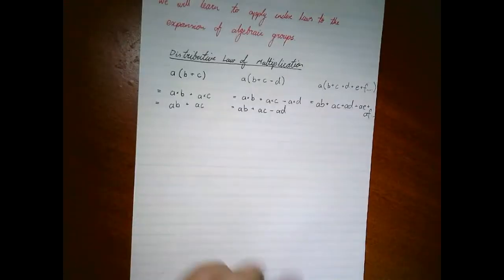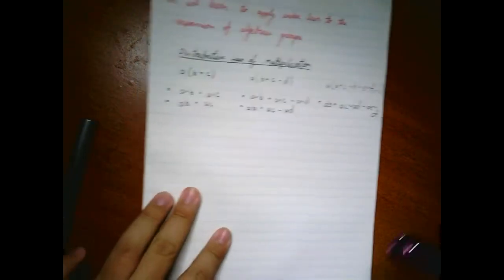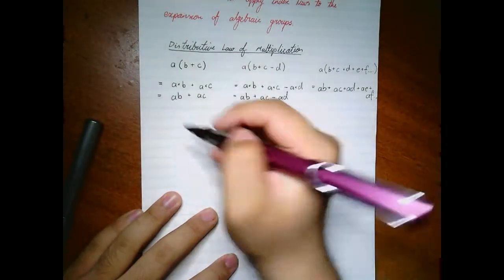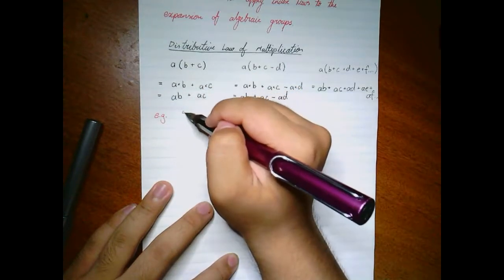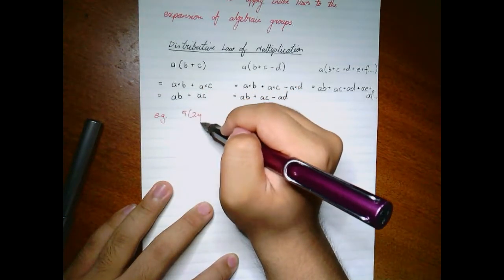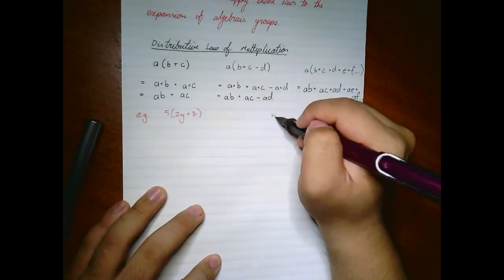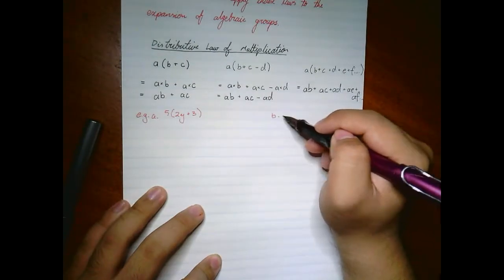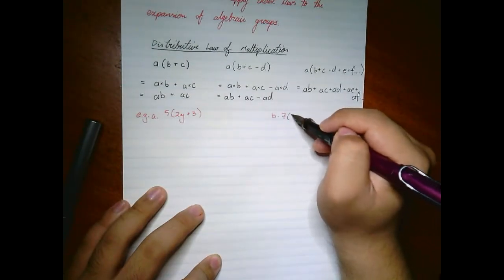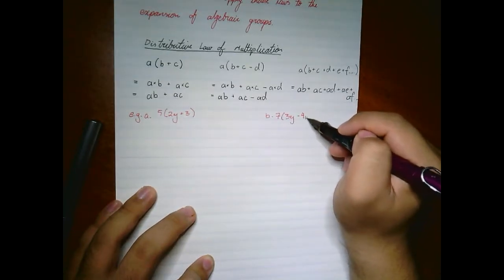So let's take this and use our example of, we'll do two examples. Example A, which is 5 outside 2y plus 3. Example B is 7 outside 3y minus 4w.